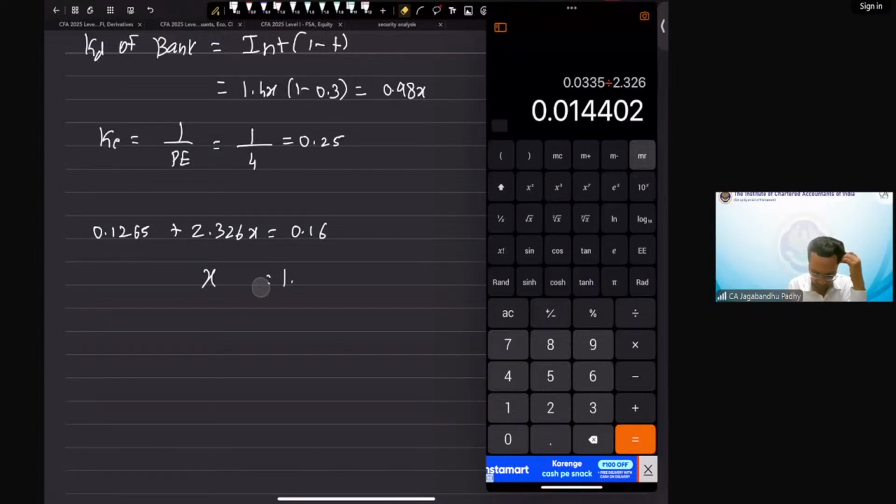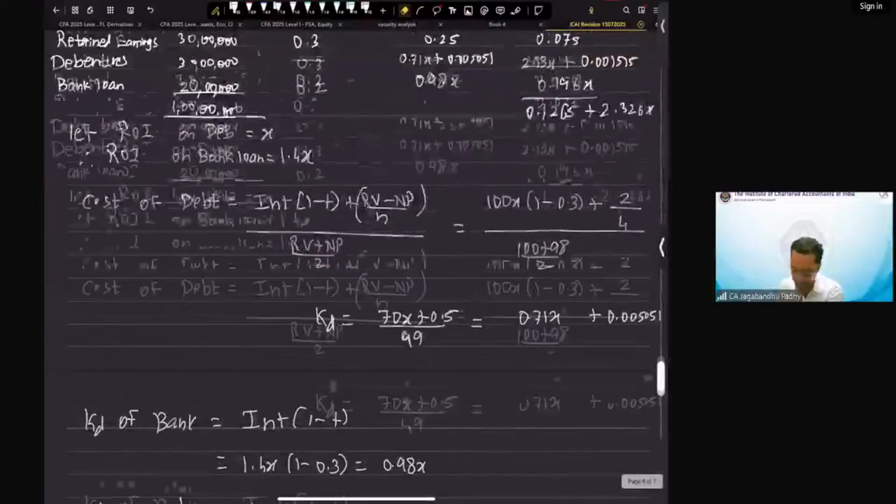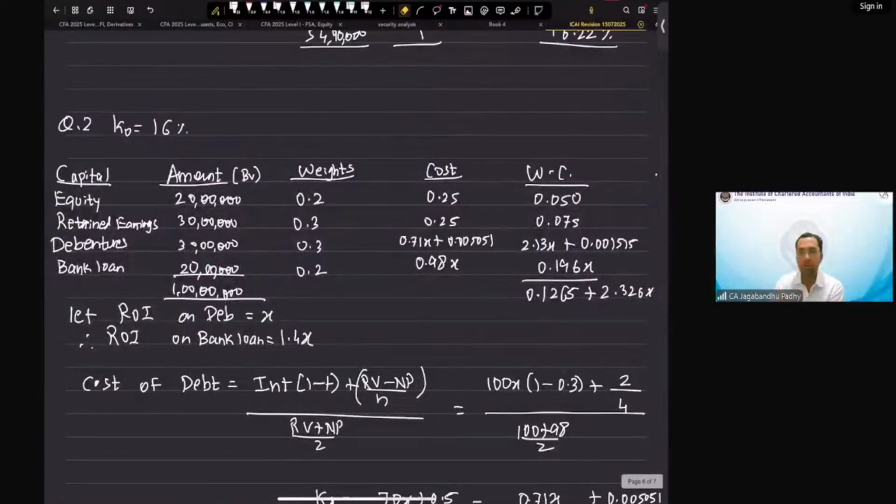No, there's some mistake. 0.0335. There is some mistake, I suppose. This is 0.05, this is 0.075. Then this 0.196x. This is something which is going wrong, I think. 0.7, well, it's not 2.13, my bad.